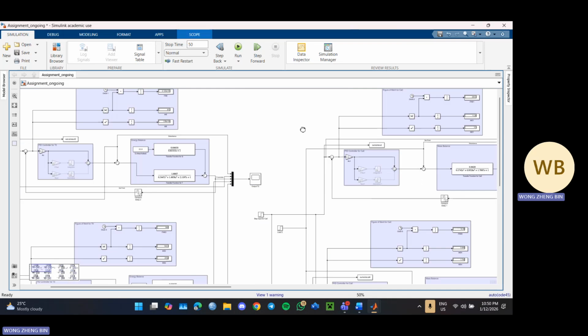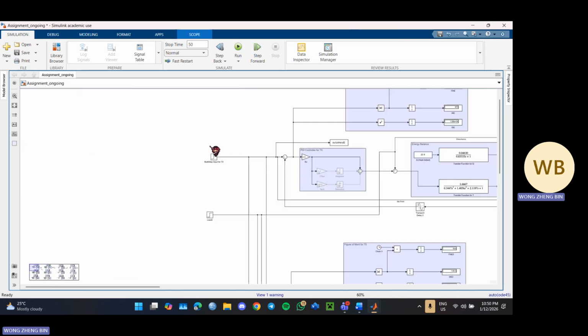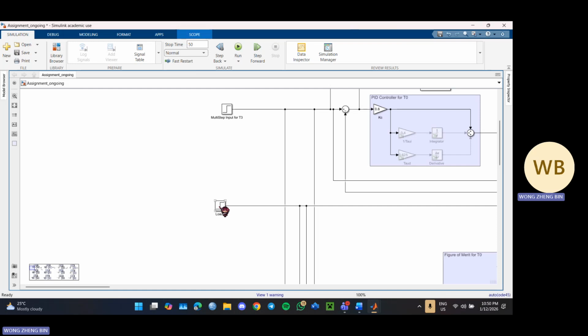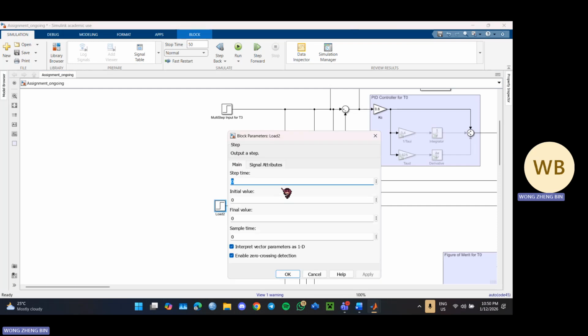And then we'll repeat the whole process by introducing the load, which is a disturbance. So the load for temperature is set with the step time at 25, and we put our final value as 5.